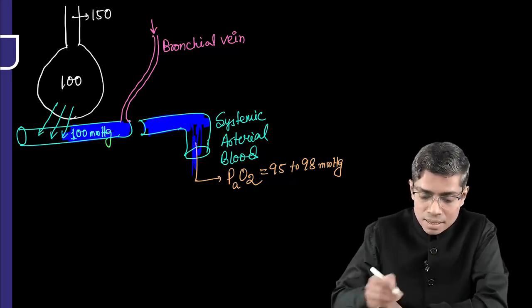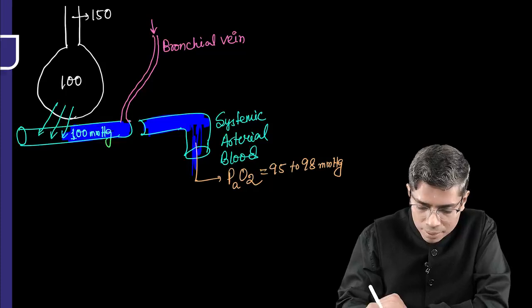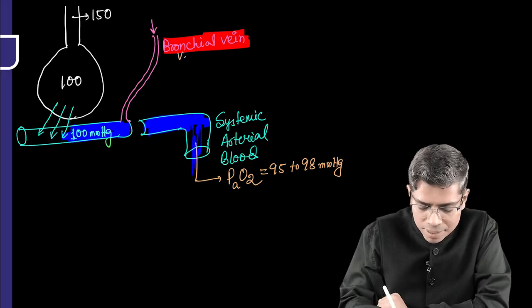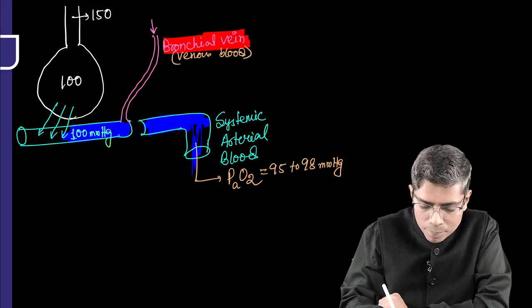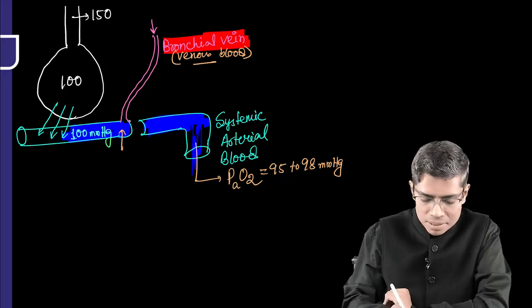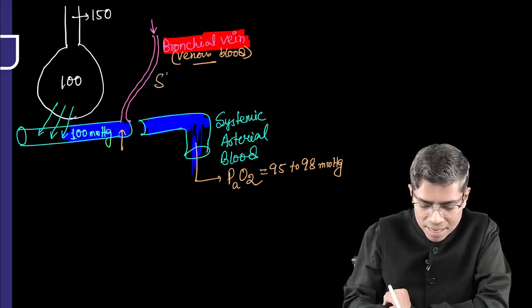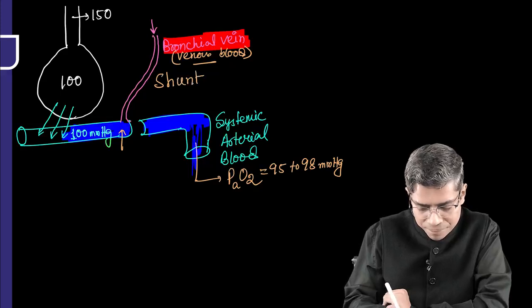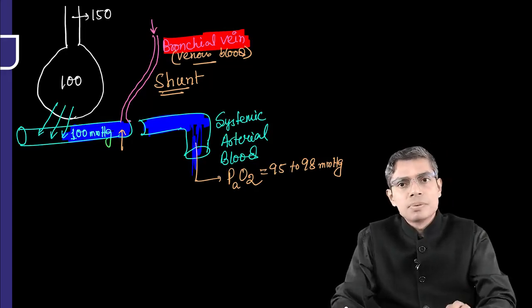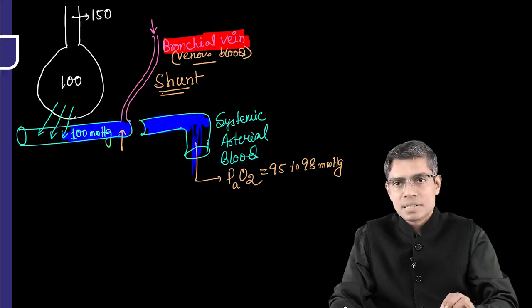That means I can understand that this bronchial vein, which typically contains venous blood, is mixing with the purely oxygenated blood at the end of the pulmonary capillary. This means the bronchial vein is acting like a shunt. This is an absolutely physiological phenomenon, because you know that the lung has a dual blood supply.